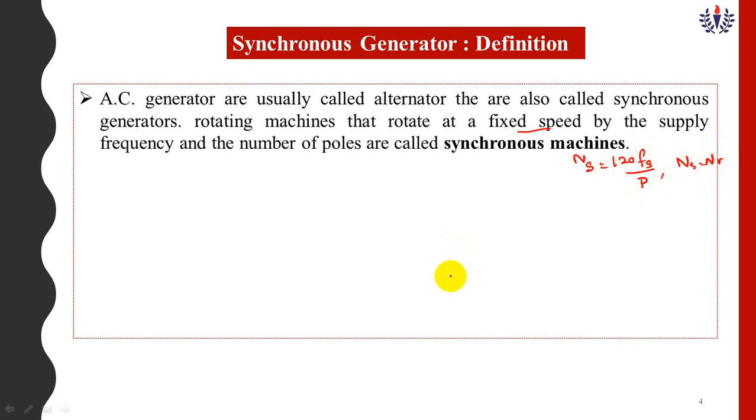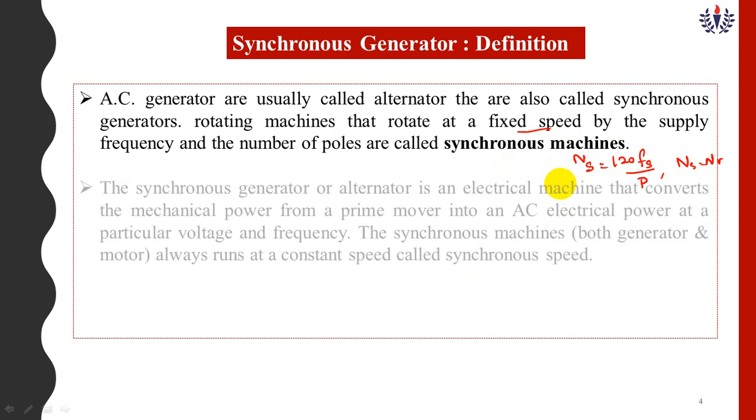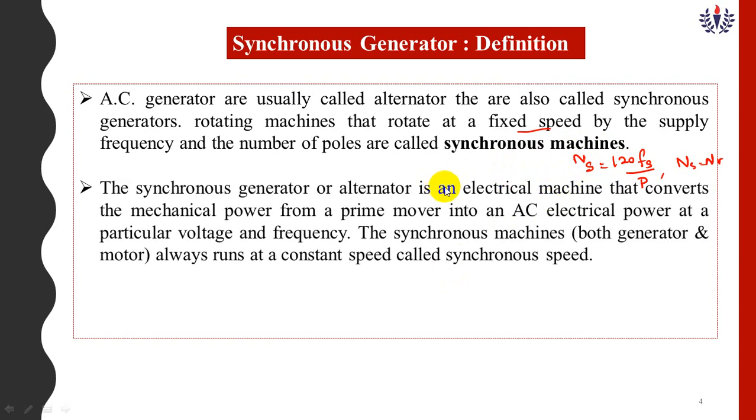So the synchronous generator is called an AC generator, or an alternator. It is a rotating machine that rotates at fixed speed by supply frequency and number of poles, so we call it a synchronous machine. This generator converts mechanical into electrical energy at a particular voltage and frequency.